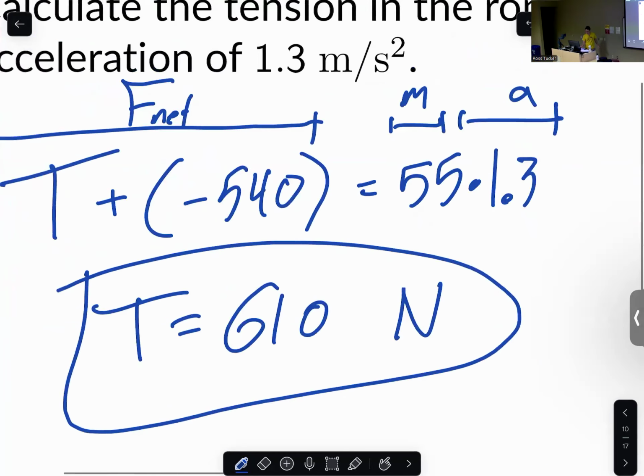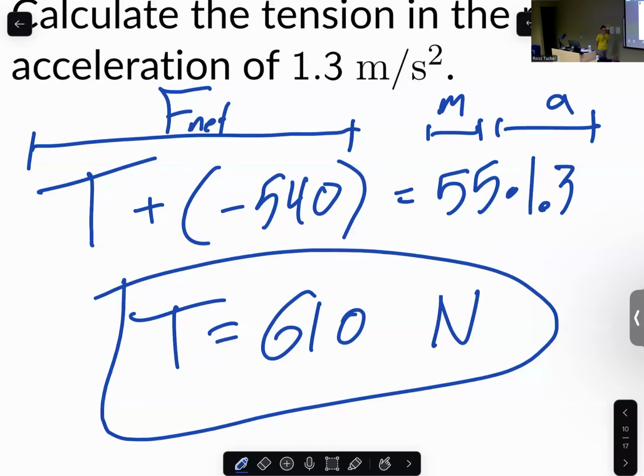Zoom in on this. These units cancel each other? What? The units of what? The 55 kilograms and the 1.3, not 31.